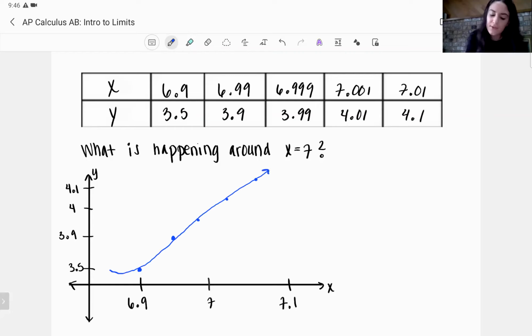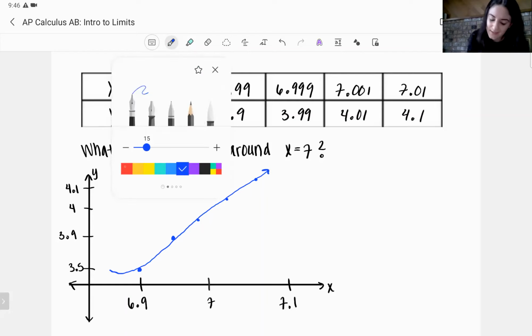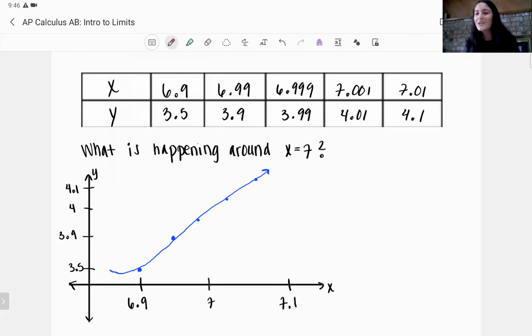Okay, and my original question was, when x is equal to 7, what is happening with y? What is y equal to? Well, right here is around x equals 7, this red line. And what do we think is happening with y? Well, let's draw a little line out to the y-axis.